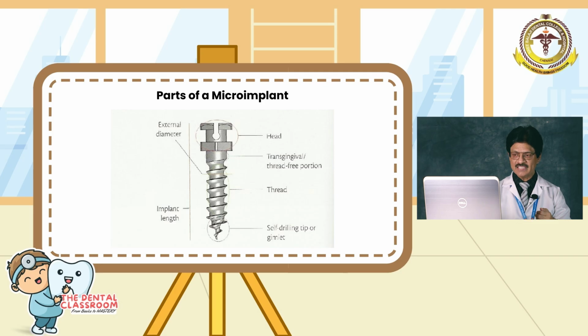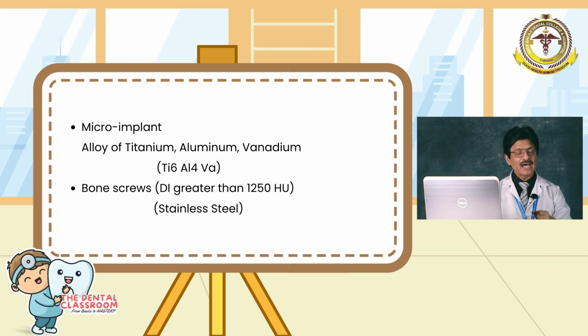We have the head, we have the neck, and we have the screw portion, which gets drilled into the bone, where the tip is sharp, and we call it the self-drilling tip or the gimlet. A microimplant is an alloy of titanium, aluminum and vanadium, whereas the bone screws, which I shall be dealing with at a later date, would be stainless steel.